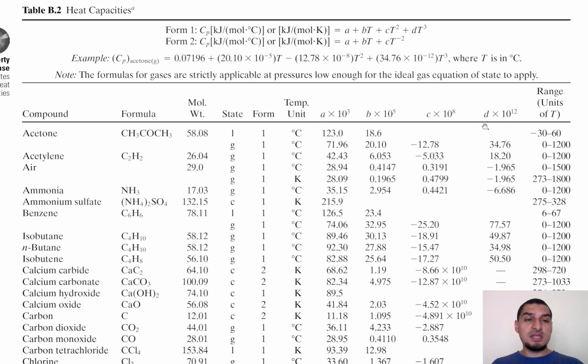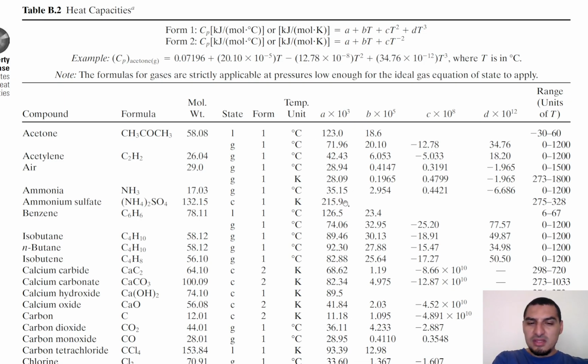So you have A, B, C, and D. Some materials here have only A and B, which means that C and D are zeros. Some contain only A, which means that the rest are zeros. Usually, not always, but in I would say 90% or more of the cases, the gases will have the 4 constants, the liquids will have 2, and the solids will have 1.